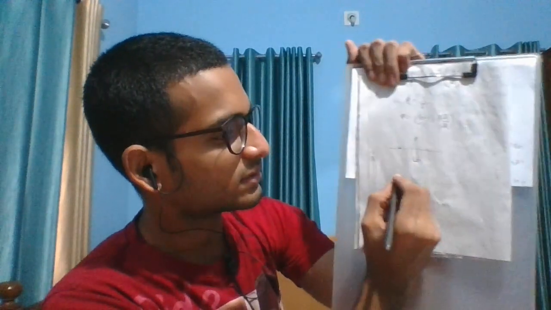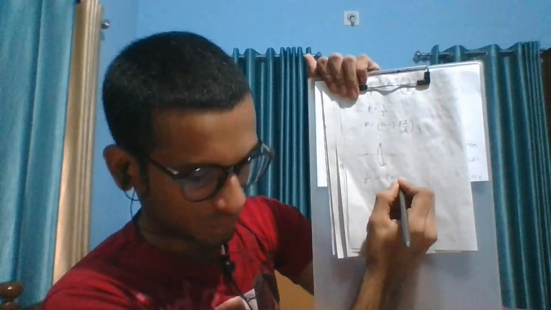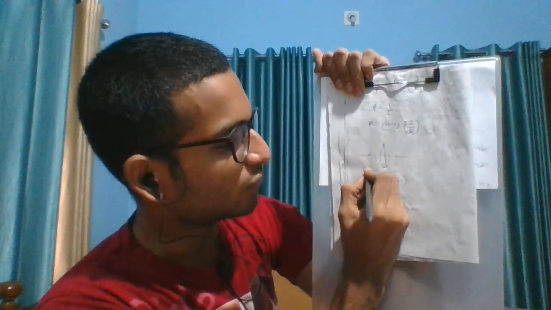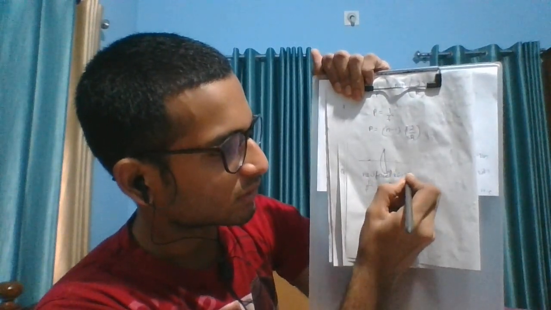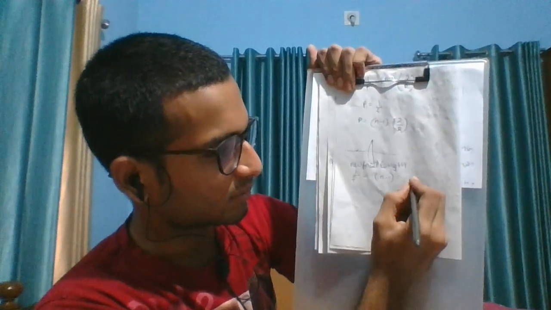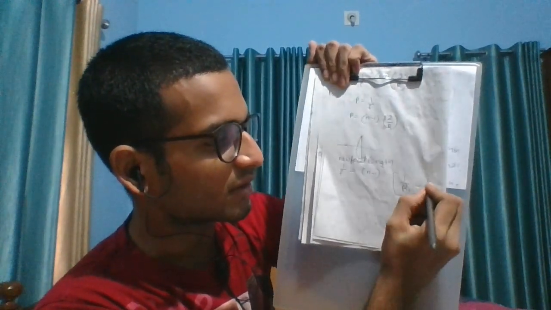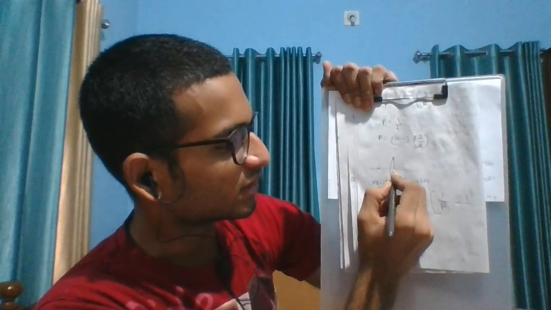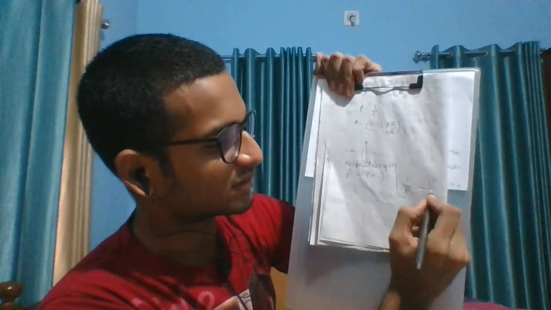So that means in the second case, 1 by f, the new focal length, becomes n minus 1, into 1 by r1, which stays the same, minus 1 by r2. Just look at it. Where is its radius? It's at infinity. We'll consider this one to be infinity.